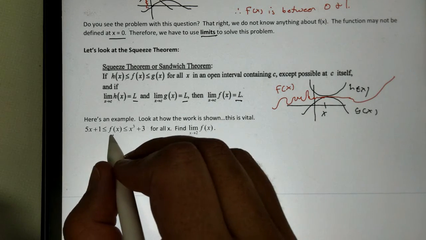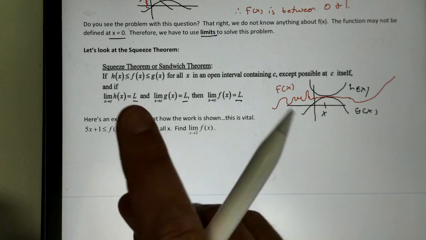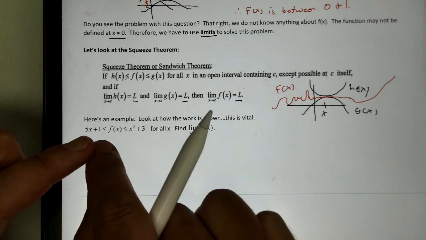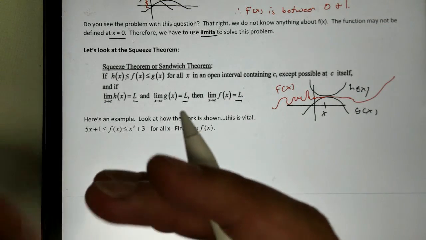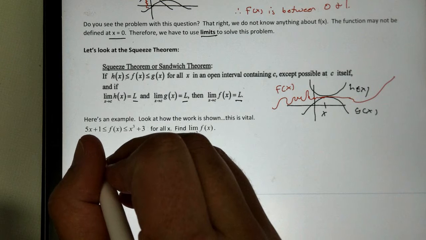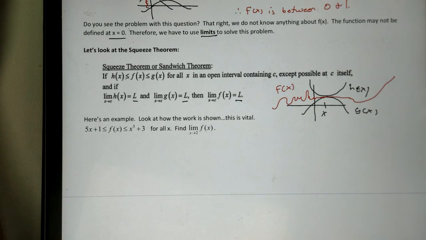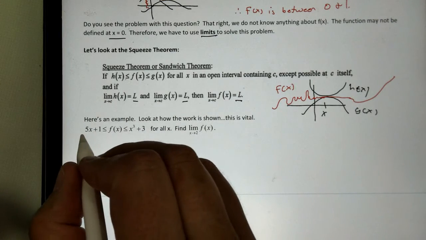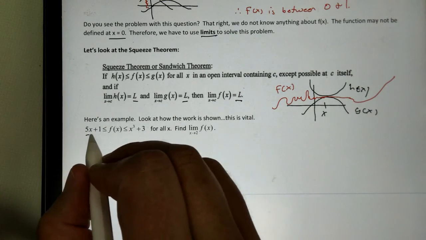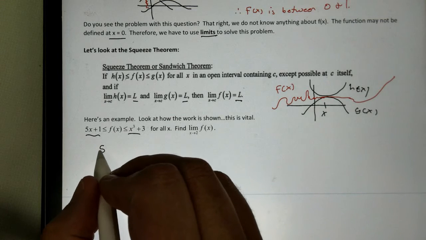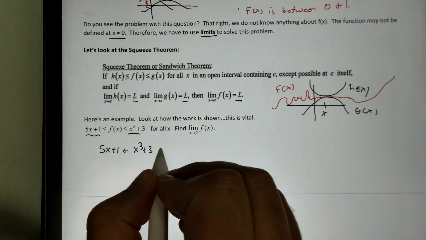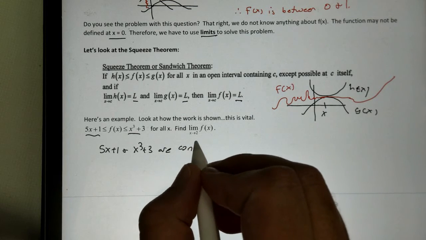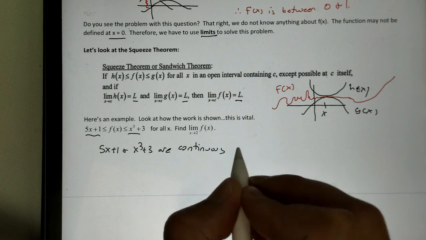Now, the first thing we're going to do, looking at h and g, is say that our two known functions are continuous. So we're going to say 5x plus 1 and x cubed plus 3 are continuous.